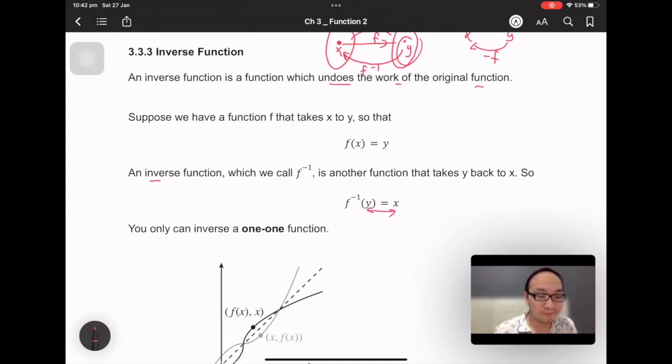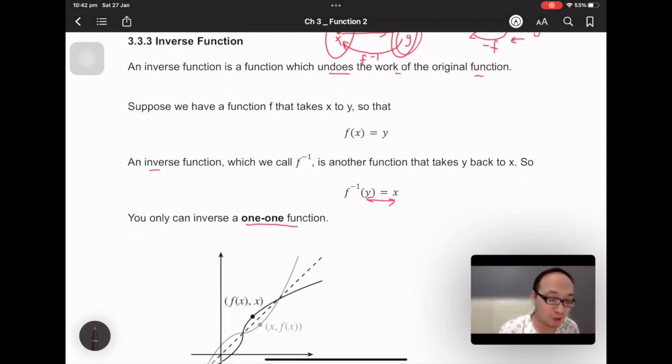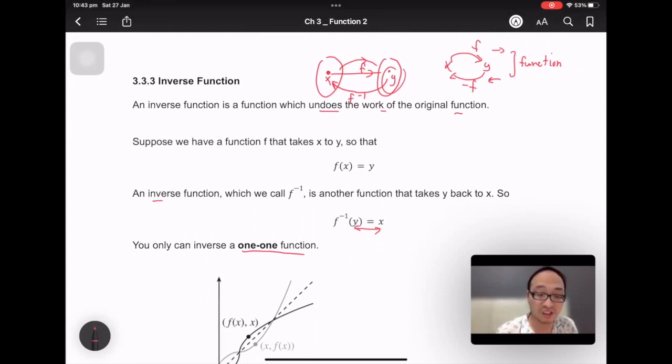Now, because the forward and the inverse are functions, not relations, that means this inverse function only works for one-to-one functions. The relation between the two variables x and y should be one function, because the forward function is a function, and the backward function is also a function.